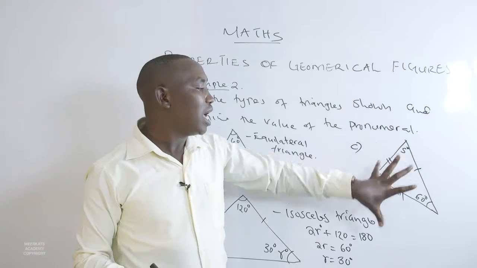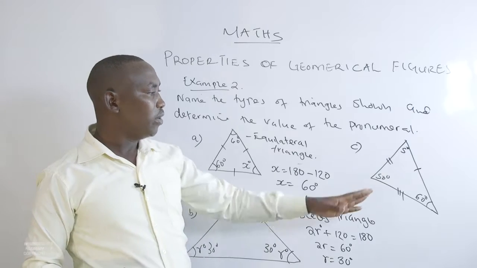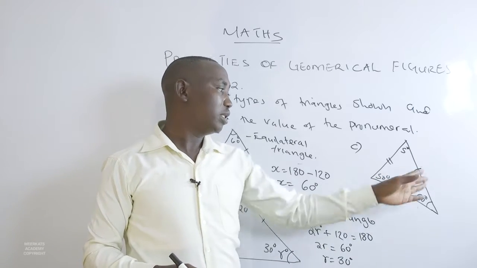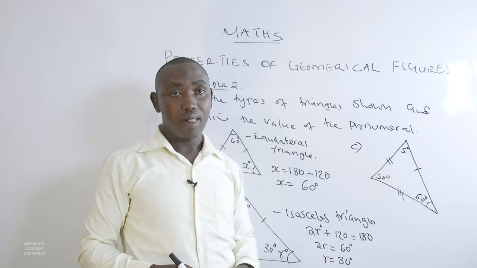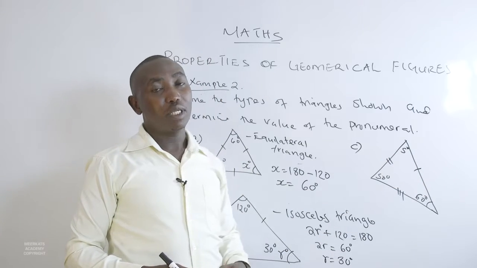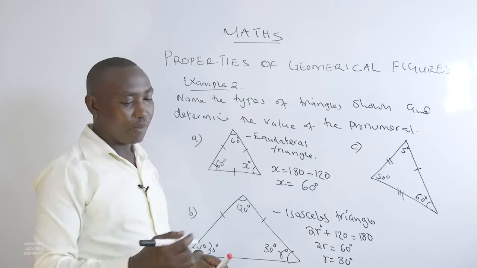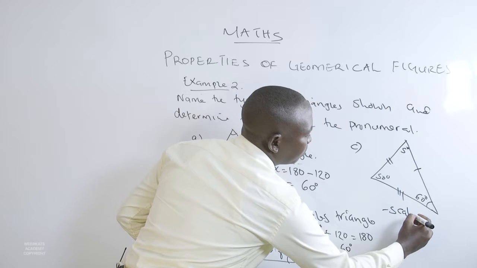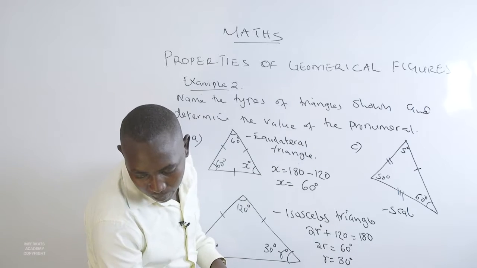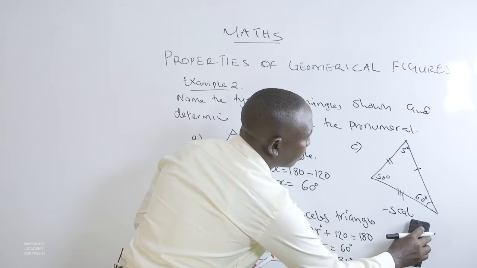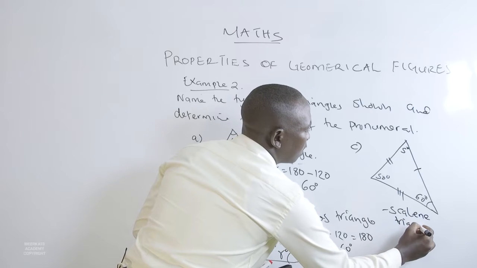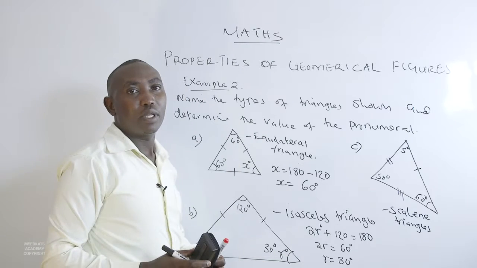Now for the third part, you can see all the sides are not equal. This is not equal to this, not equal to that. That means that this falls under a category of triangles called scalene triangles.